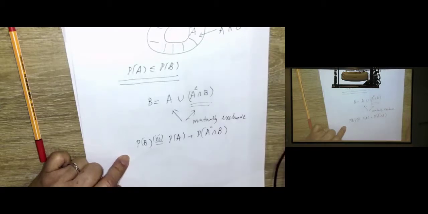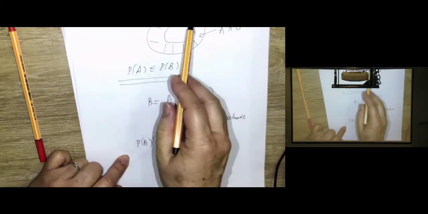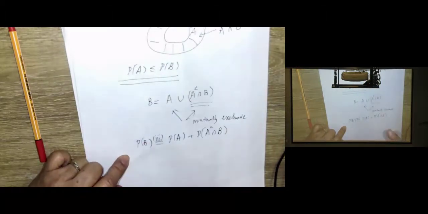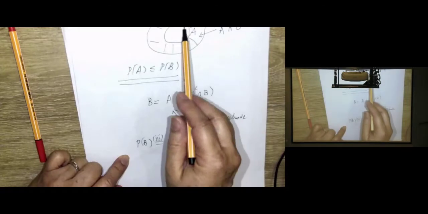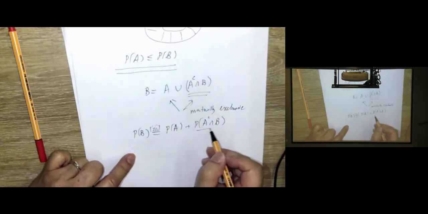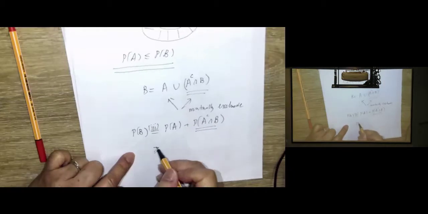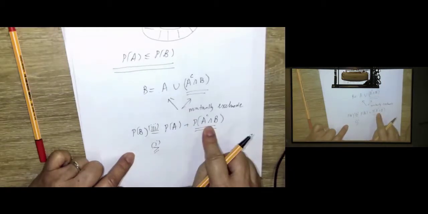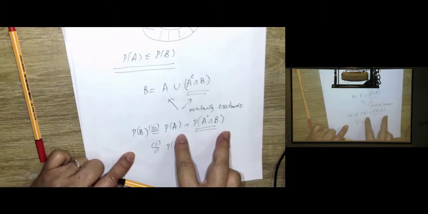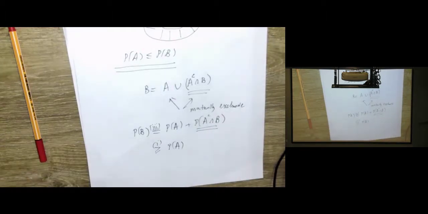All right. So what this says is that the probability of this circle B comes from the probability of the whole A plus the probability of the ring. And since this is axiom number 1, this is non-negative. So if I drop this, my right-hand side will possibly be smaller. So I have less than or equal to the probability of A. So that is the conclusion of proposition 4.